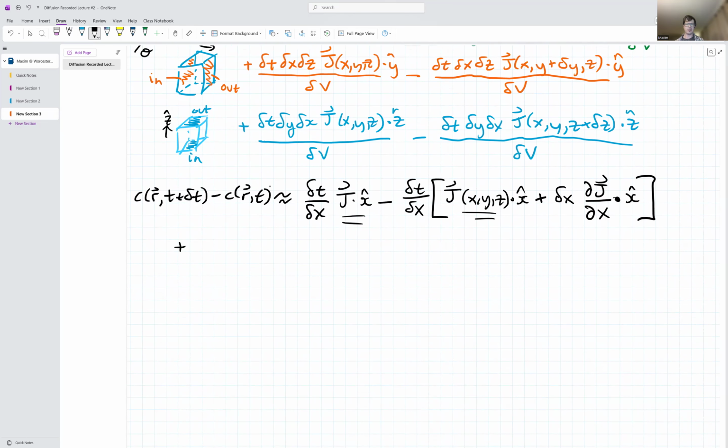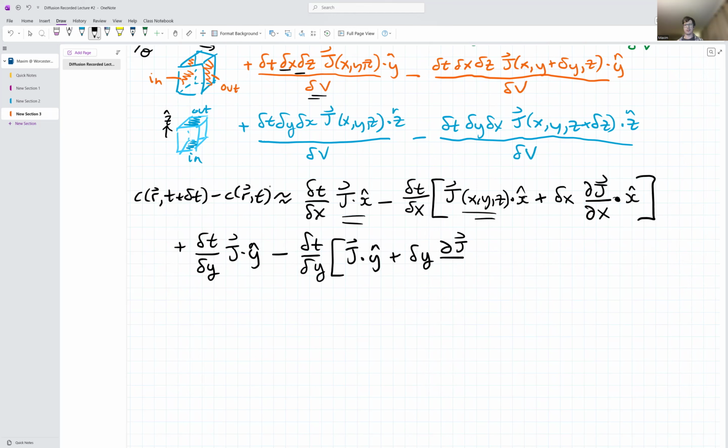All right, so here we're left with delta t. Now the delta x and delta z cancel from the volume element, and you're just left with delta y on the bottom. And we have j dot y hat. And then you have similarly delta t over delta y, and the first term is j dot y hat, plus delta y times the derivative of j with respect to y dotted into y hat.